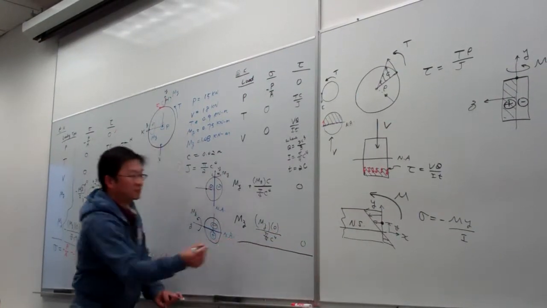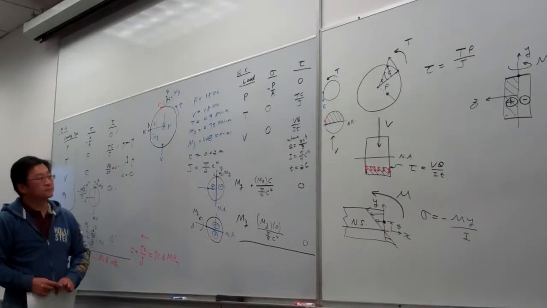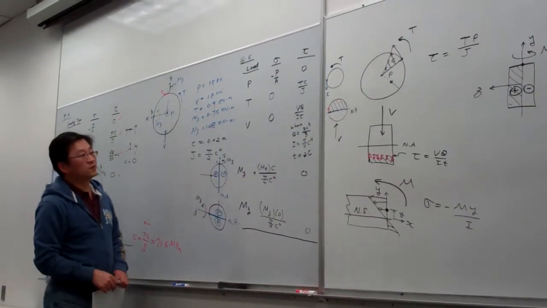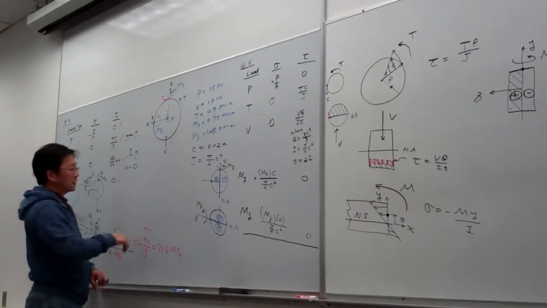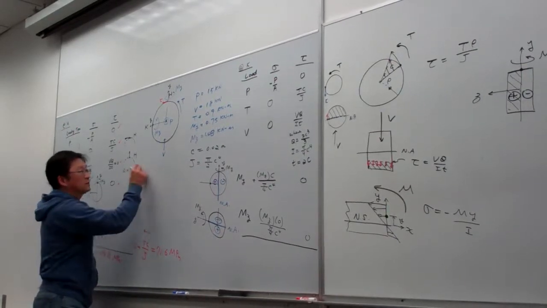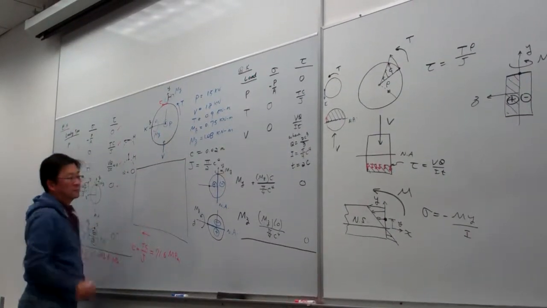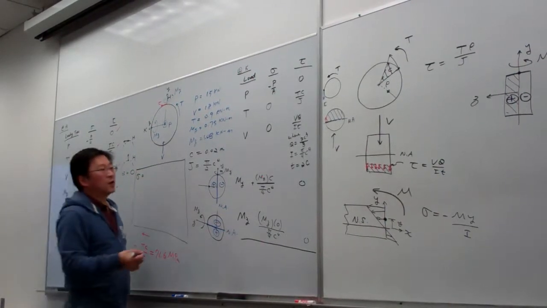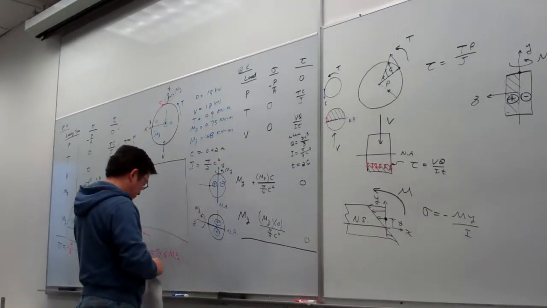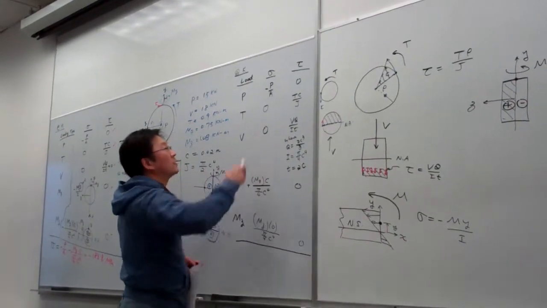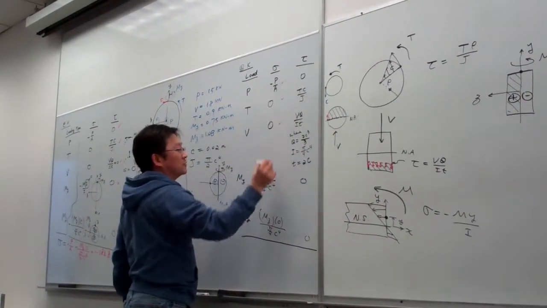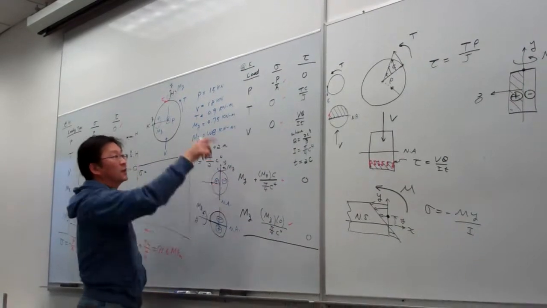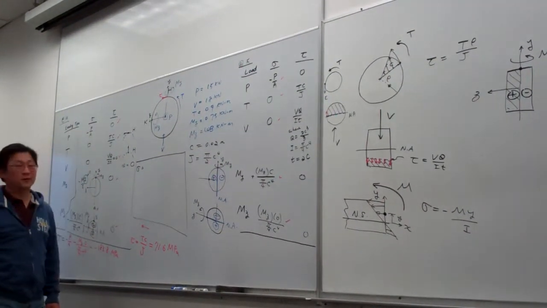So now we can take superposition. For the superposition, for sigma, how many terms will that be? 1, 2, 3, 4, 5 terms, and among the 5 terms, only 2 terms are non-zero.